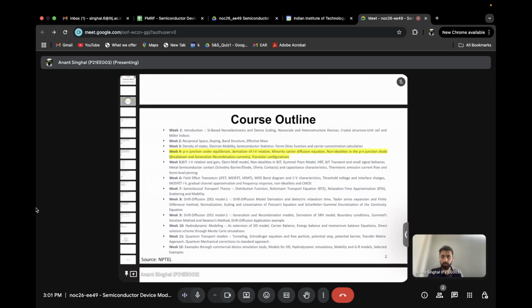Then we also studied what a band structure is, how a band diagram comes into the picture, and based upon that we studied the Fermi-Dirac statistics that is required to solve the carrier concentration, etc., for any material, and in particular silicon for this course, because we are dealing with semiconductors.